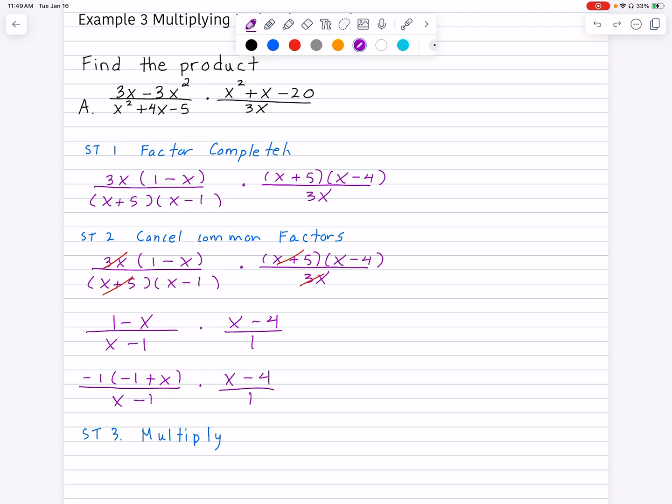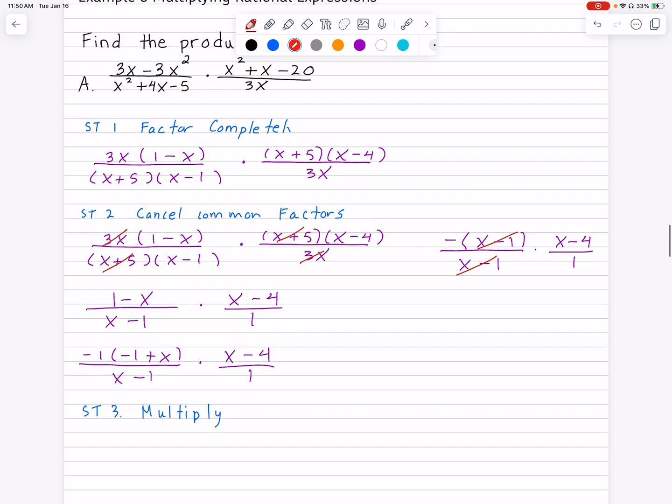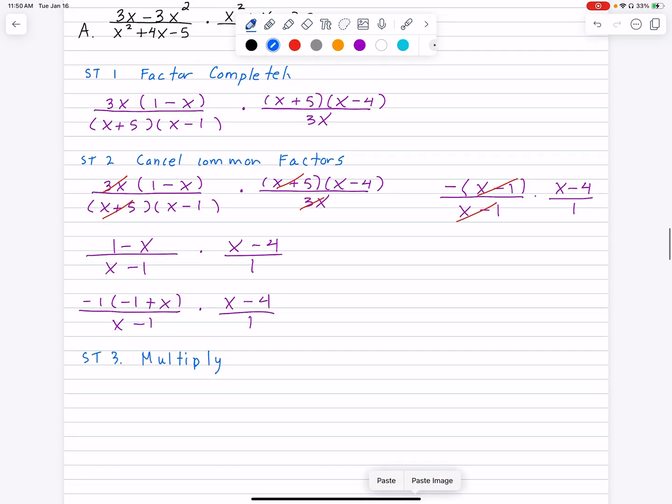I could rewrite this fraction as negative, and I'm going to switch the x and the 1 using the commutative property. And again, the second fraction isn't touched. So now the advantage of that, hopefully you see, is, oh, look, we can cancel out an x minus 1 from top and bottom. So the last thing we're going to do is multiply.